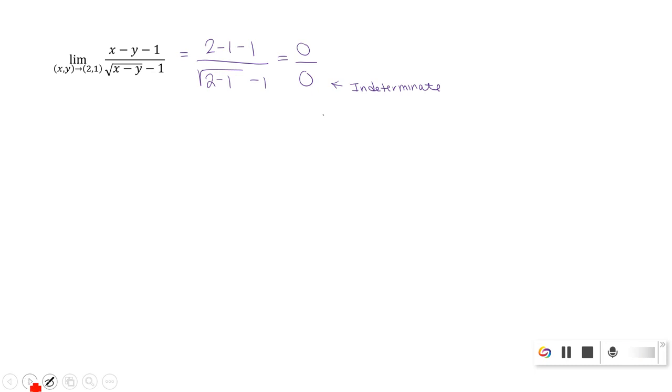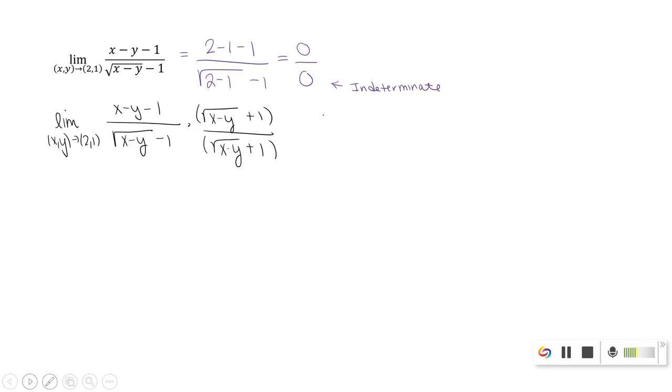For this particular problem, I am going to try to rationalize the denominator by multiplying the top and bottom by the conjugate. If I look at the denominator, I have the square root of (x minus y) minus 1. And so for the conjugate, I simply change the minus sign between the square root and the number to a plus sign, and I'm going to multiply the top and bottom by that expression.